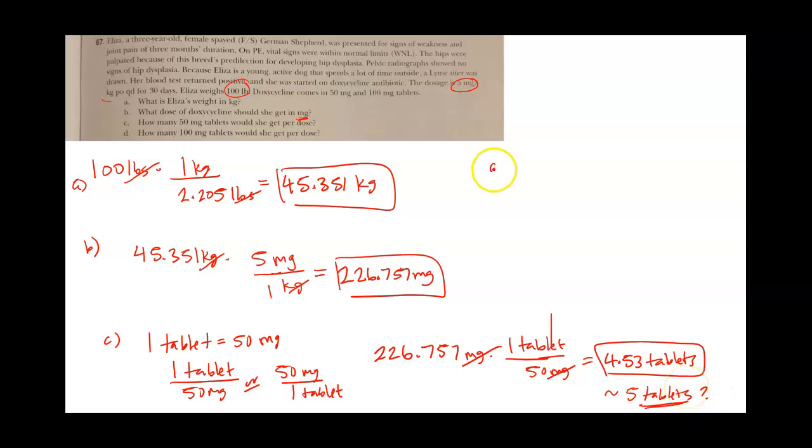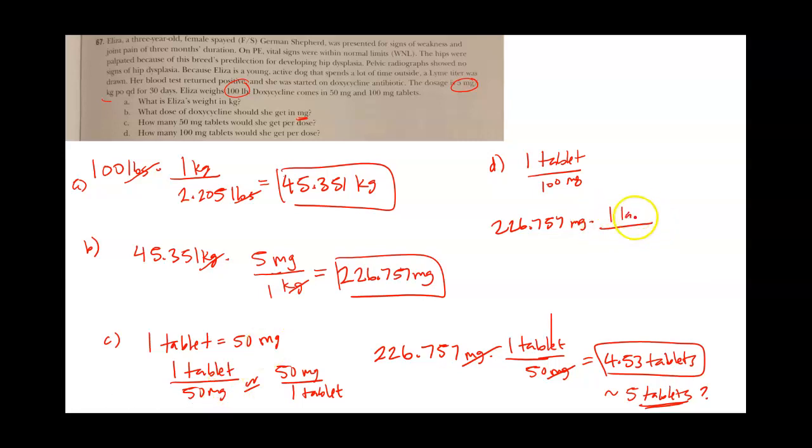And then part D is going to be similar, except now it says how many 100 milligram tablets should you get. So we're going to say that 1 tablet is equivalent to 100 milligrams. So if we take the weight, which is 226.757 milligrams, and again, you want the milligrams to cancel, so we're going to put that on the denominator.